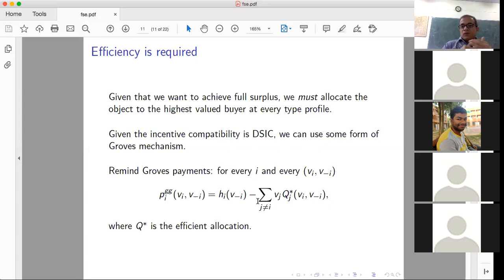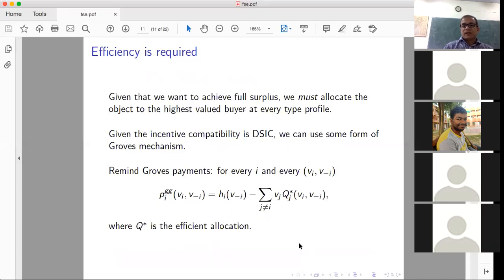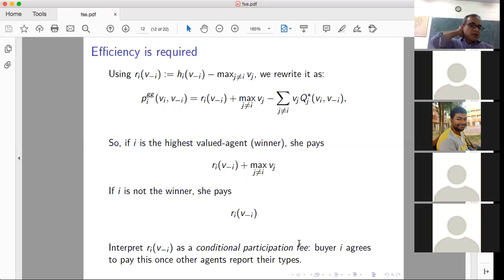So I have just translated it so that it looks like a Vickrey auction with a participation fee. The translation is done by just adding this max over j not equal to i of v_j. If you translate the h_i term by this max, you get this new interpretation of the Groves mechanism.